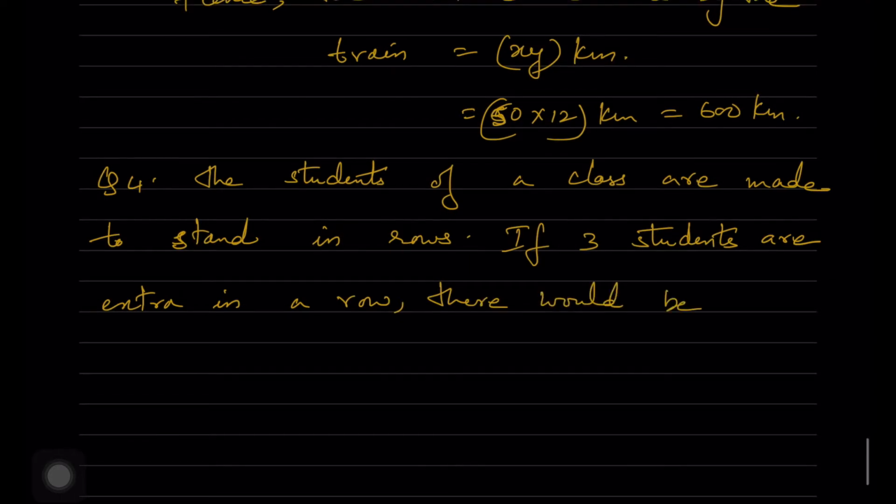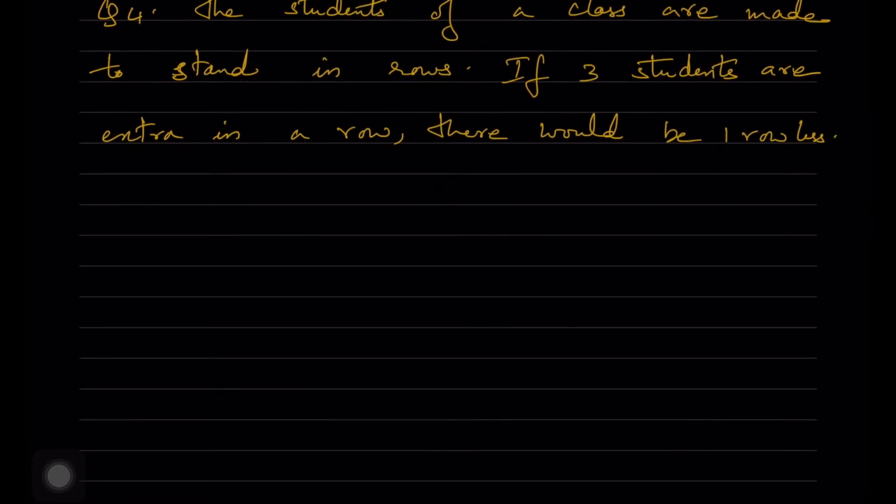If 3 students are less in a row, there would be 2 rows more. So find the number of students in the class.